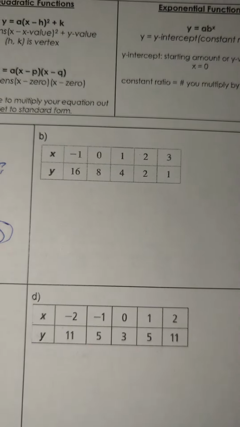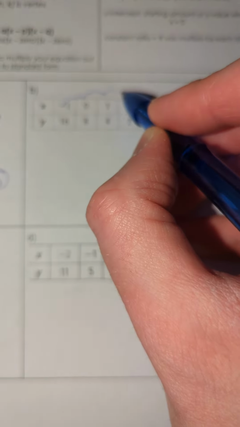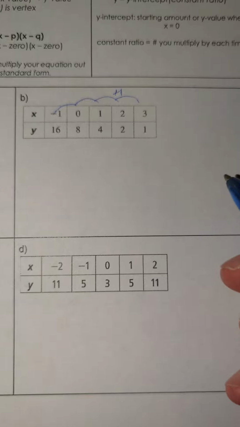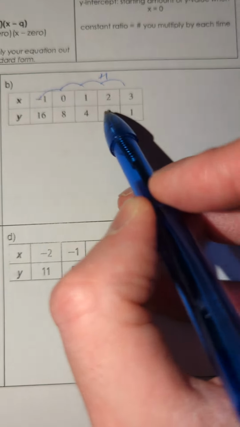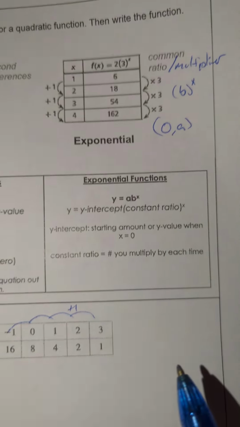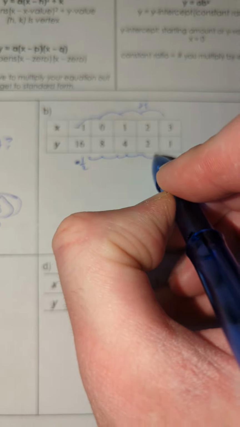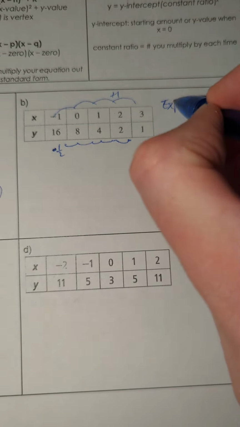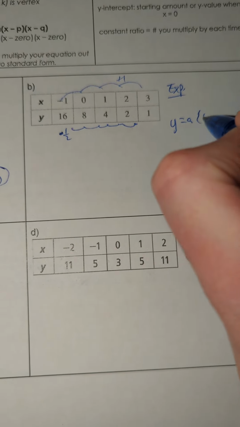For this one, I need to identify, what am I looking at? Well, my x's are plus 1s. My y's, it's either minus 8 or divide by 2, divide by 2, divide by 2, divide by 2. Oh, okay. Well, if I'm dividing by 2 and I said I need a multiplier, it's really timesing by 1/2 consistently. Okay. So I'm looking at exponential, and I know the formula is y is equal to a b to the x.